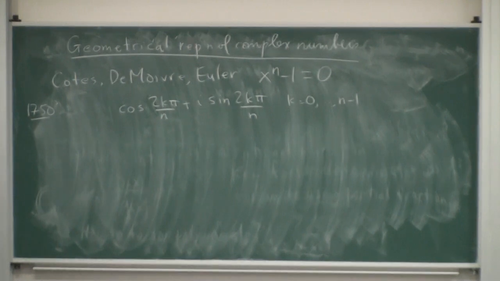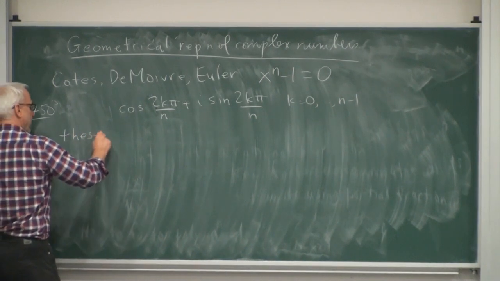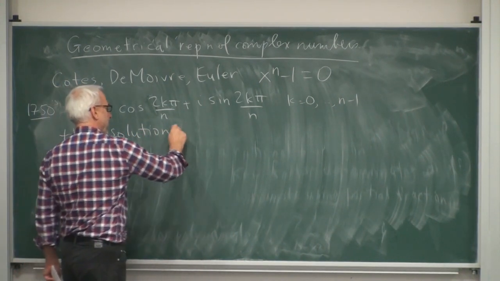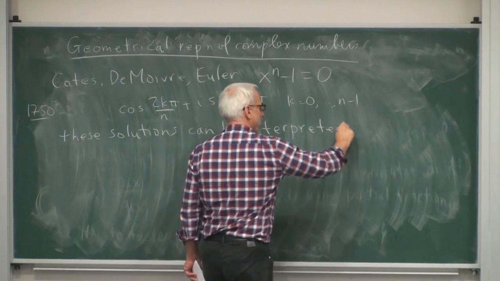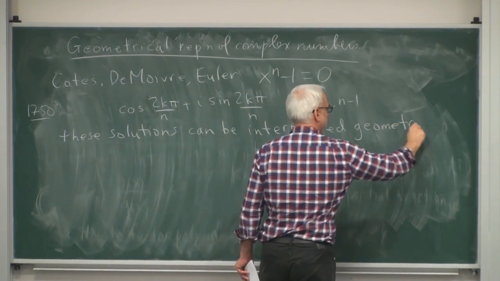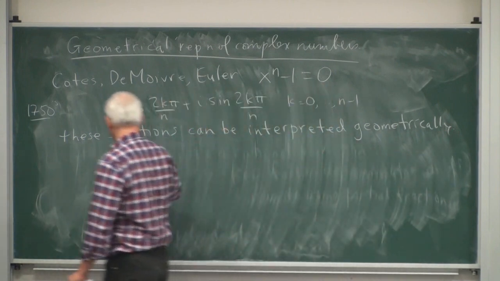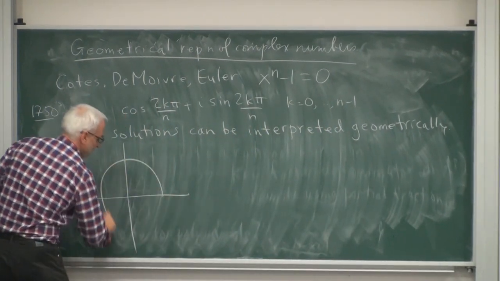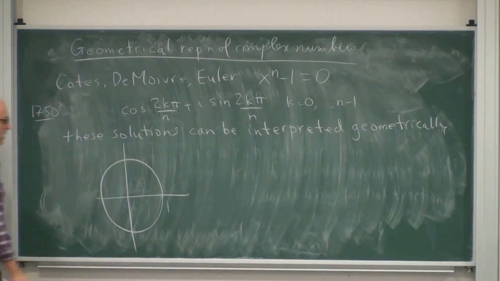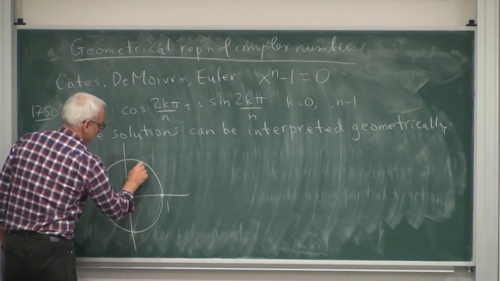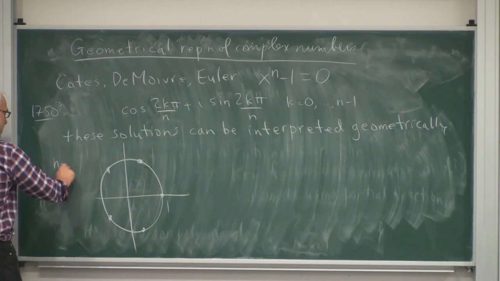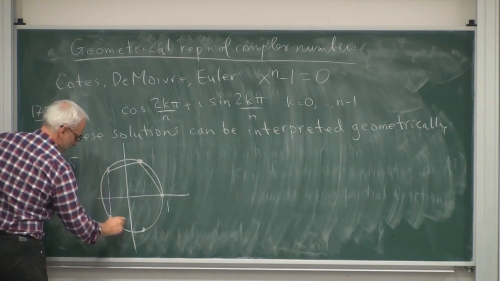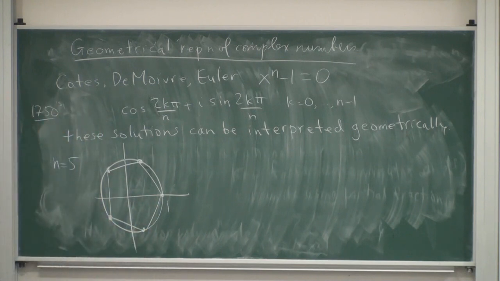And they all realized that you could interpret these solutions geometrically, by putting everything on a two-dimensional plane and looking at a circle and then putting the points, let's say this might be n equals 5, in some equally spaced way around the circle forming a regular polygon.